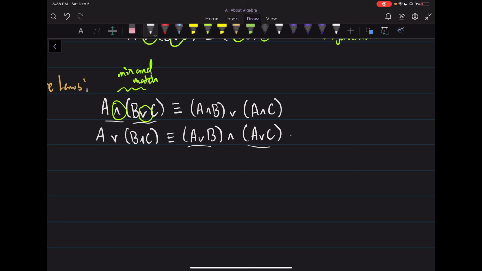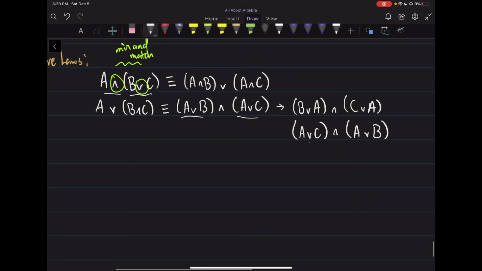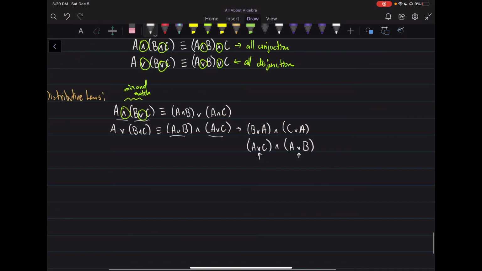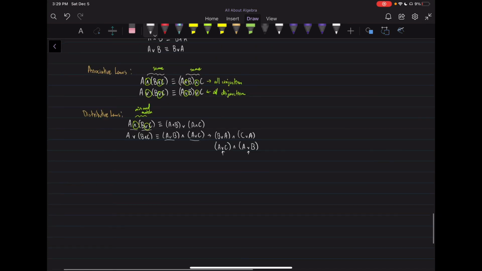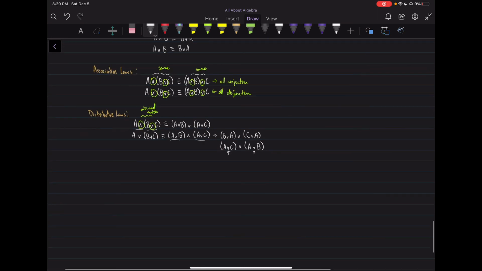For example, I could say B or A and C or A, or I could say A, C, and A, B. It doesn't matter. The order of the statements between the logical operators doesn't matter, but for quantifiers or other components of the statements, the order does matter.